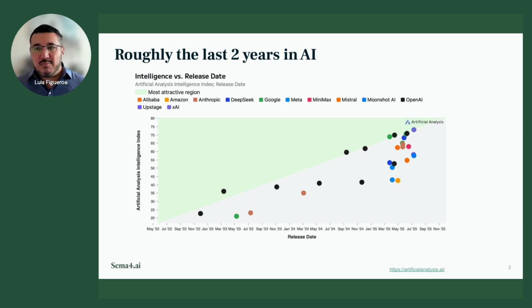Now, the other thing that I don't have represented in this chart, but is very important too, is the cost of intelligence. If you were to take a frontier model from a year ago, so you can look at the middle of the chart here, and for a similar amount of intelligence today, you would basically pay a small fraction of what it cost at release time.